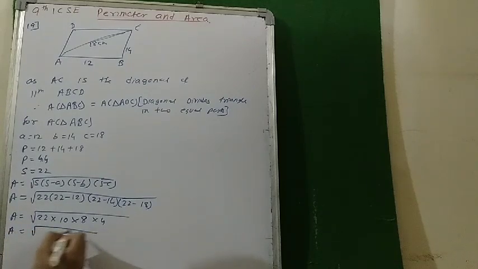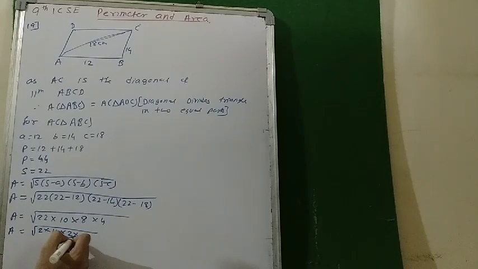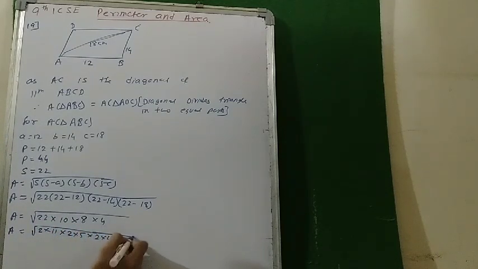Area is equal to 22 into 10 into 4. 22 can be written as 2 elevens, 10 can be written as 2 fives, 4 can be written as 2 twos, and this 4 as it is.